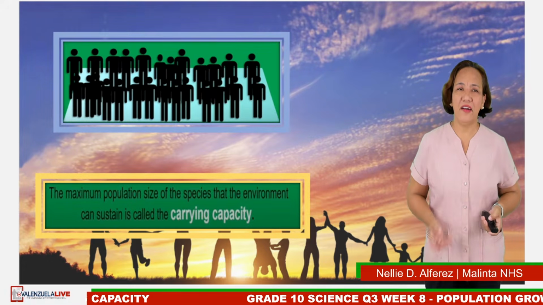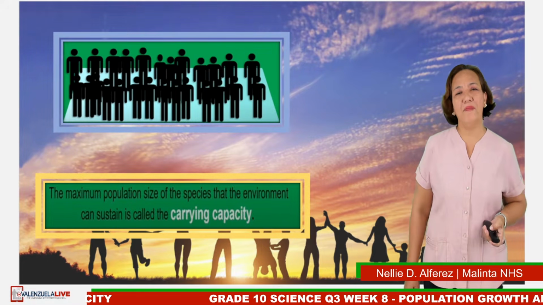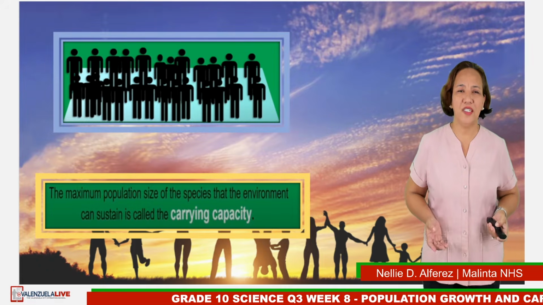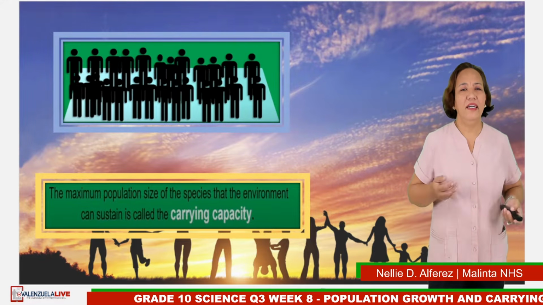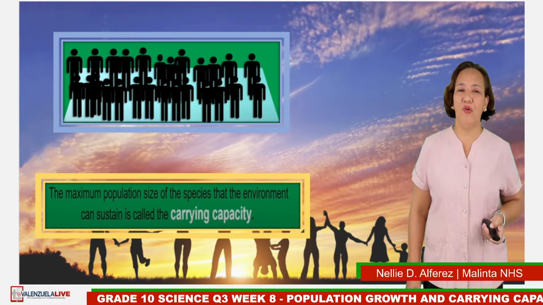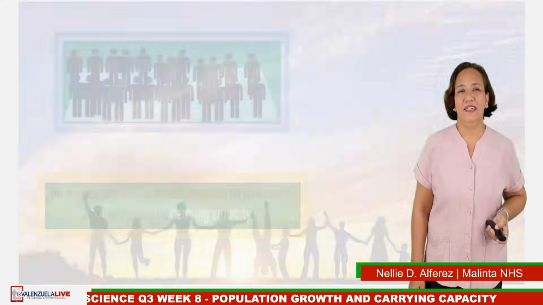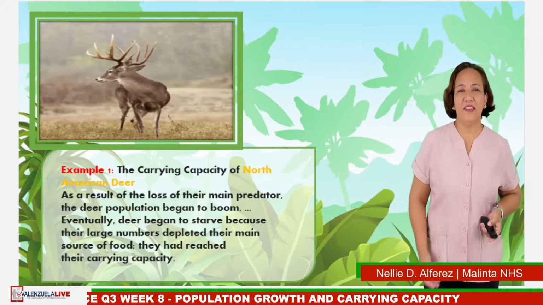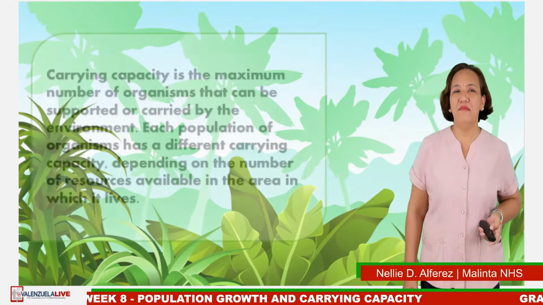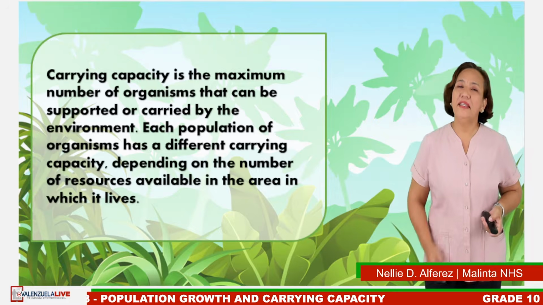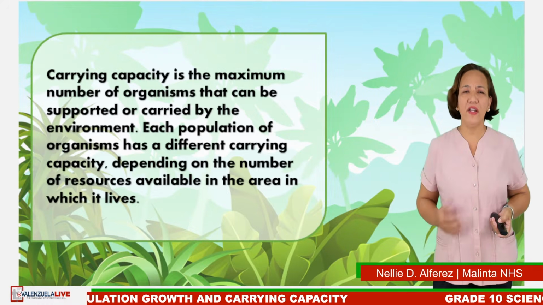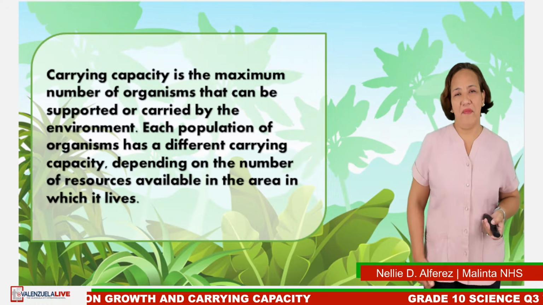In a given area, the maximum population size of the species that the environment can sustain is called the carrying capacity. Carrying capacity is the maximum number of organisms that can be supported or carried by the environment.